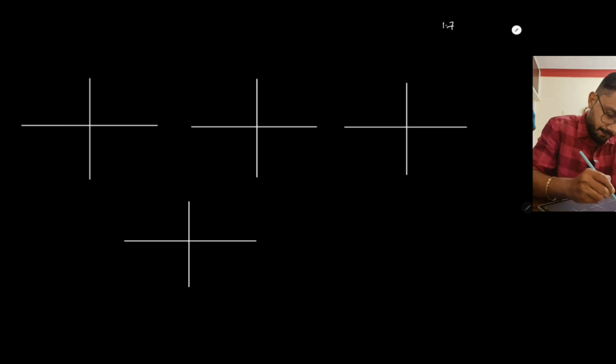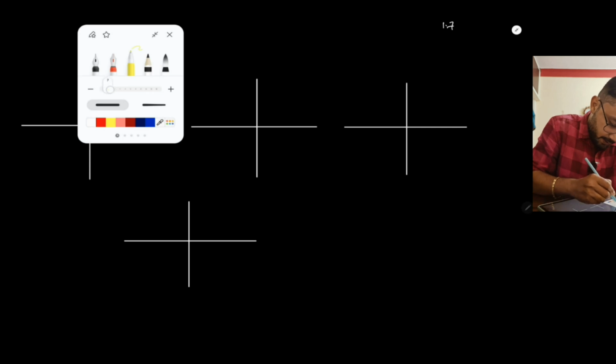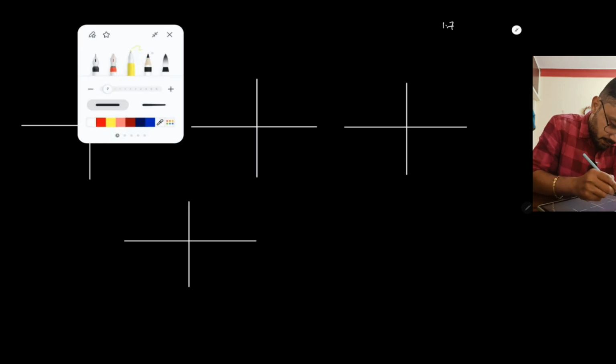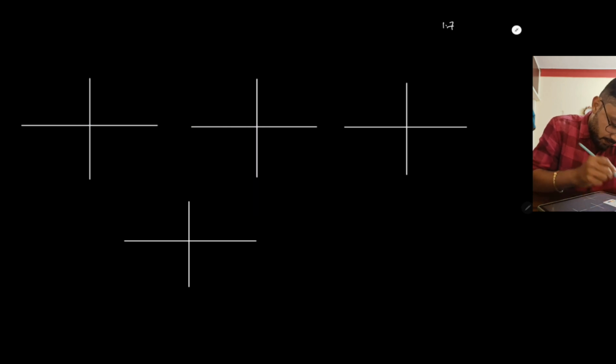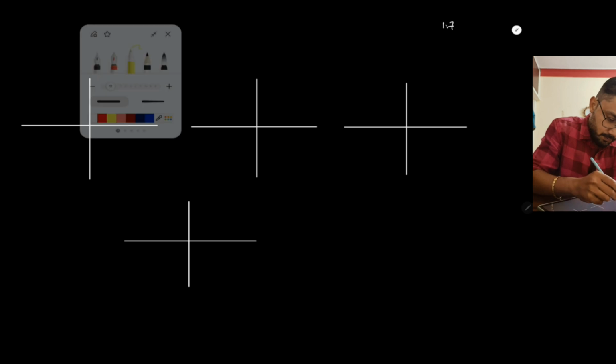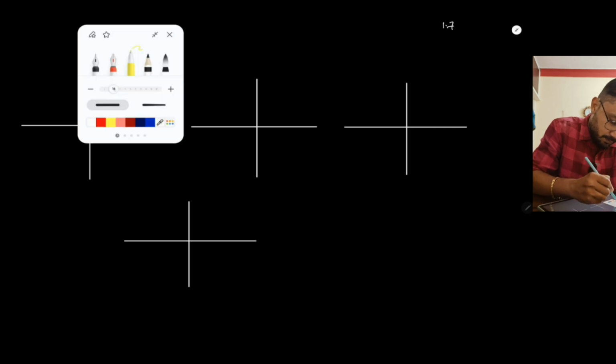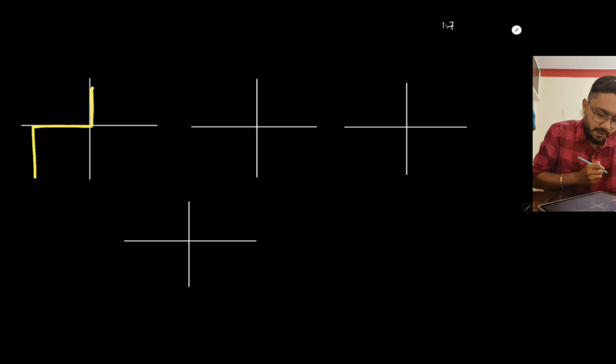Okay, so for the ideal diode, this is the VI characteristic.